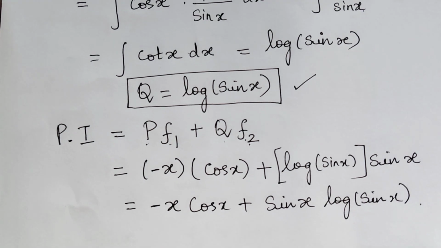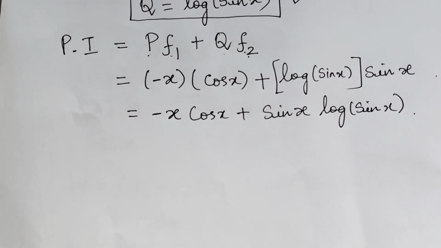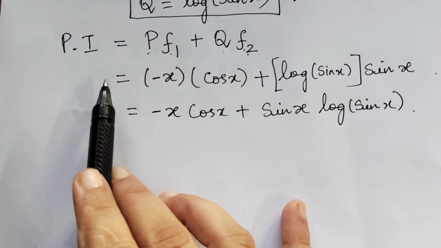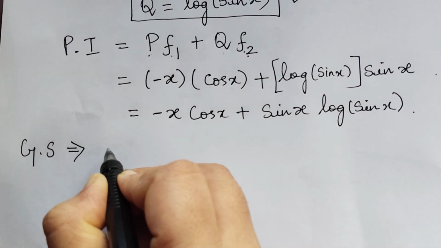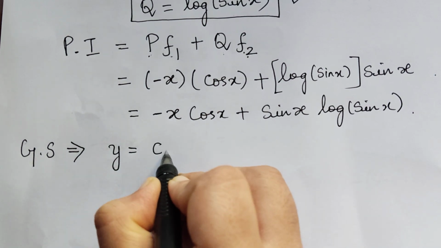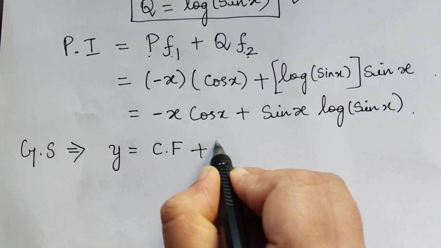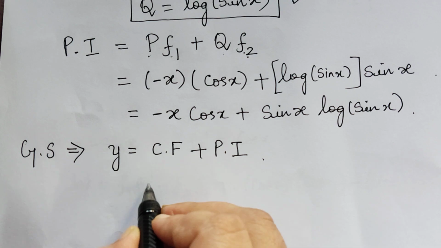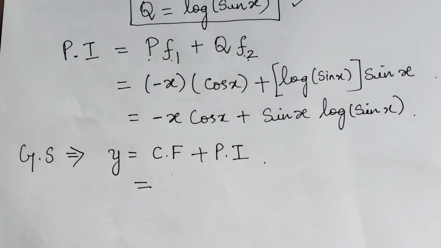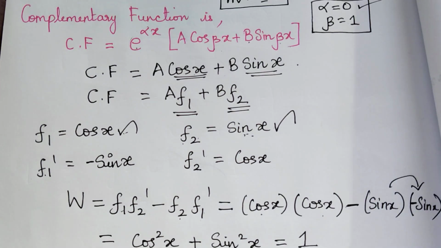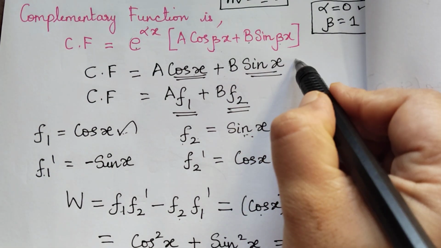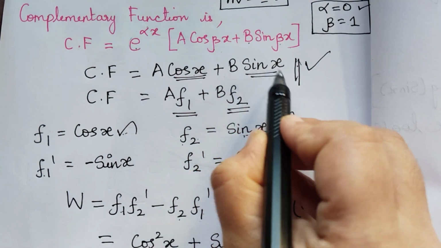Now, in order to find the general solution, we have to add the complementary function and the particular integral. So the general solution is given by y equal to the complementary function plus the particular integral. What is the complementary function? In our problem, we have got the complementary function to be equal to a cos x plus b sin x.